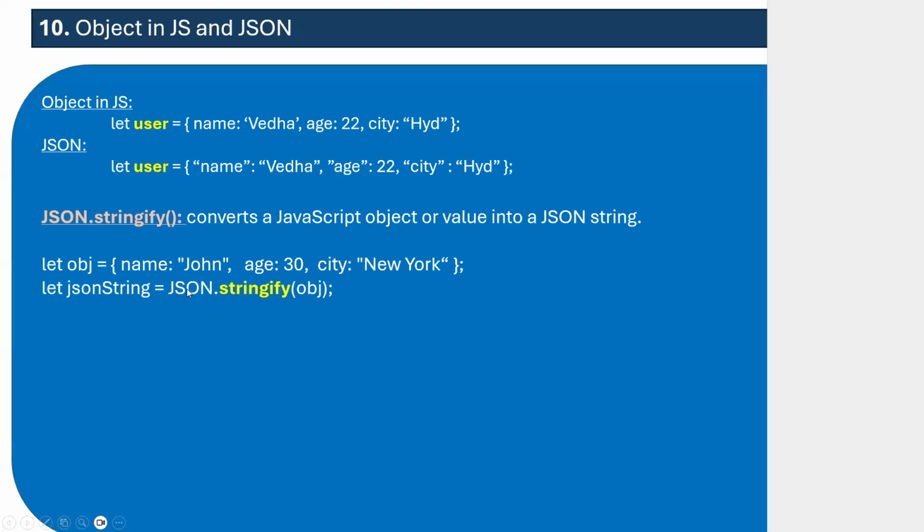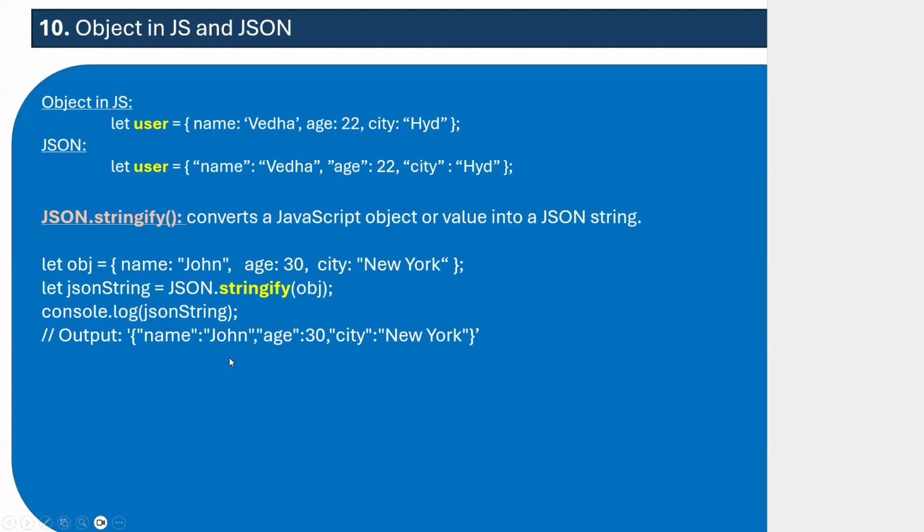If you use JSON.stringify of obj and print it, you can see it is converted into JSON format. All keys become double quoted, and values written in single quotes also become double quotes. That part you can ignore.